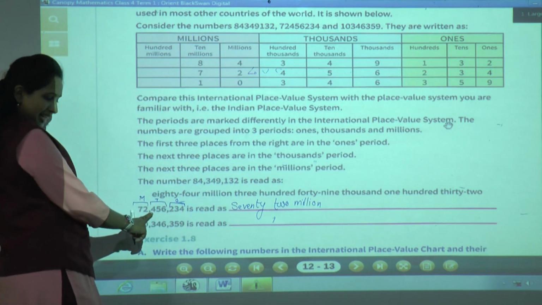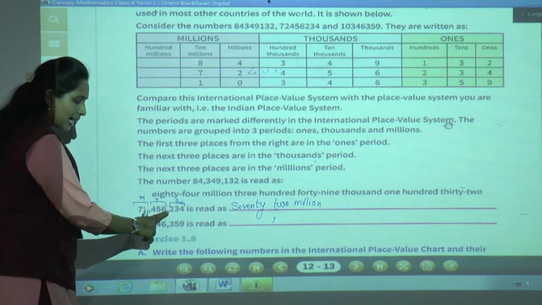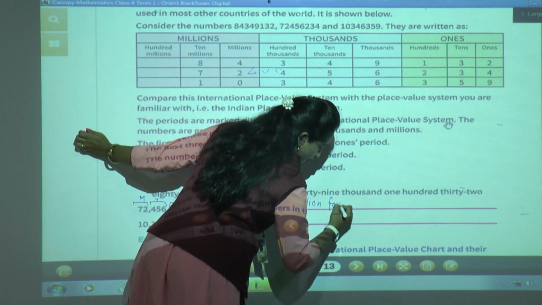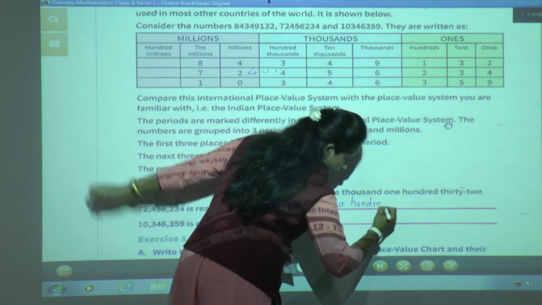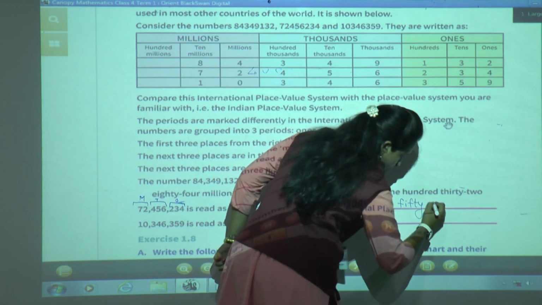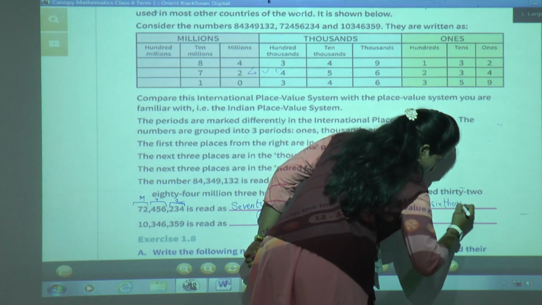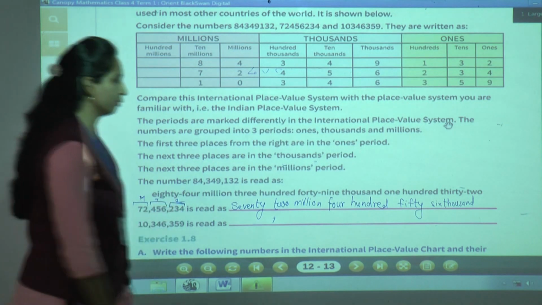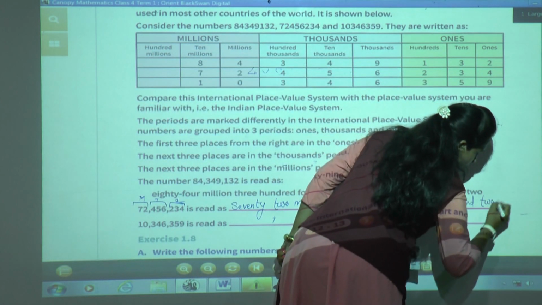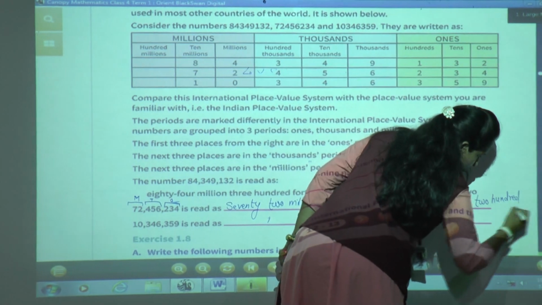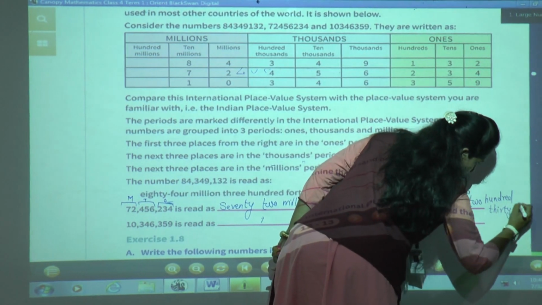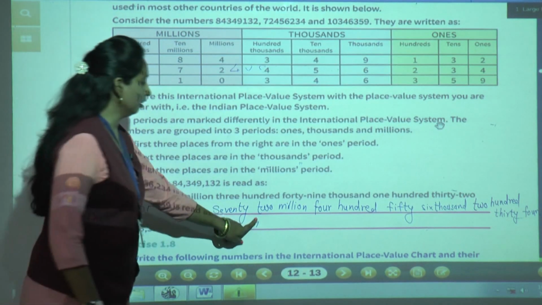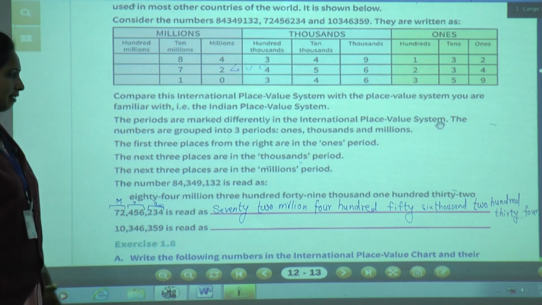The next 3 numbers are 4, 5, 6, so 456,000, and the last number is 234. I have written in big handwriting, so I couldn't write in one line. I hope you have written properly in one line.